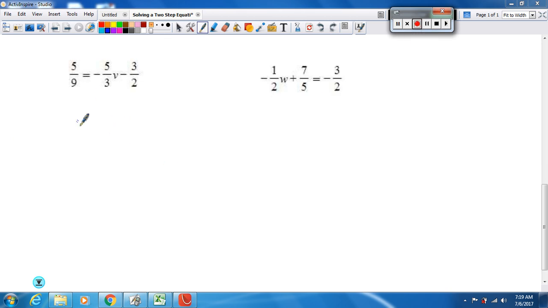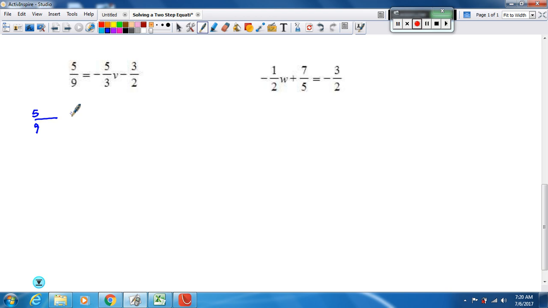The largest denominator on this next one is 9. You can't do 9. 9 does go, 3 goes into 9, but 2 doesn't. So 9 times 2 is 18. 18 will work because 18 divided by 3 is 6 and 18 divided by 2 is 9. So I'm going to do 18.